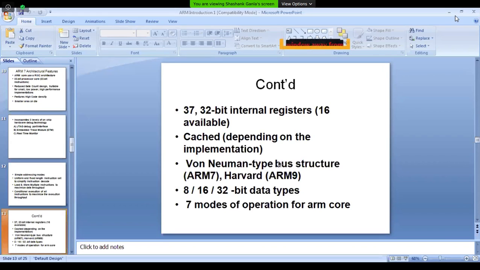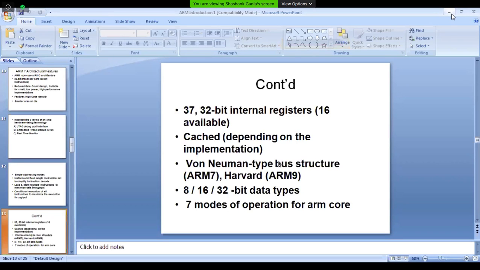There is a set of registers among the 37 which are common to all the various modes of operation supported by the ARM architecture, and there are certain registers which are only accessible in that specific mode but not in the other modes.